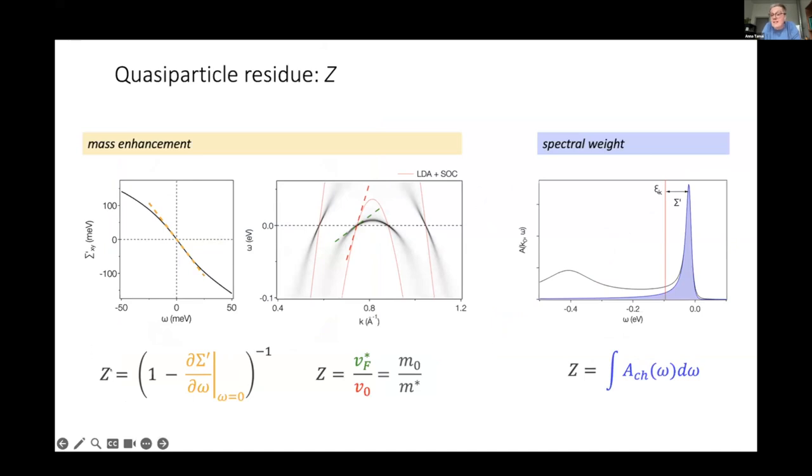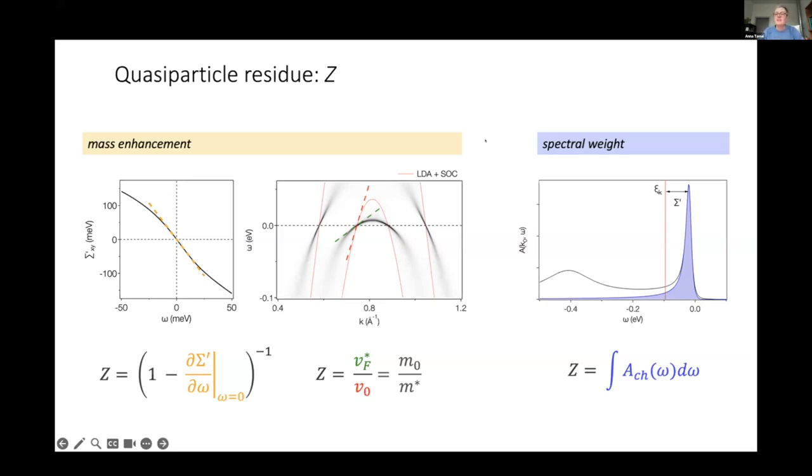The higher Z is, the less strong interactions are; the more important interactions are, the smaller will be Z. This value also results in what is called the mass enhancement, the ratio between your Fermi velocity and the velocity in the non-interacting picture. This is one definition.